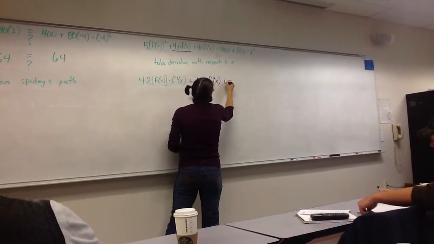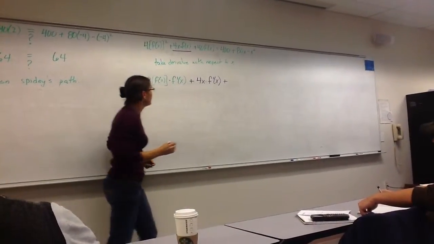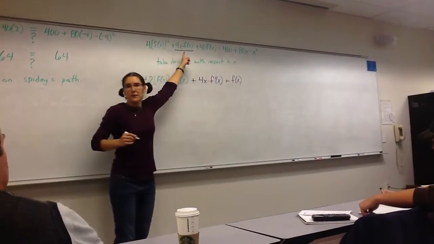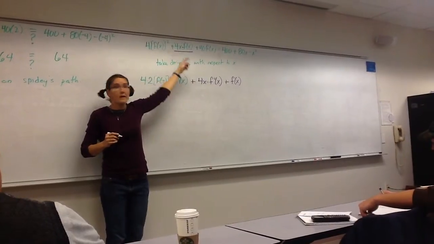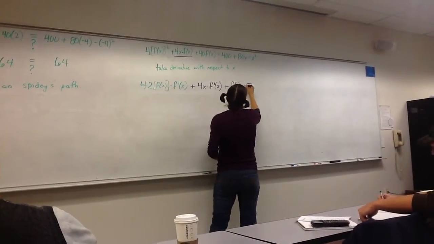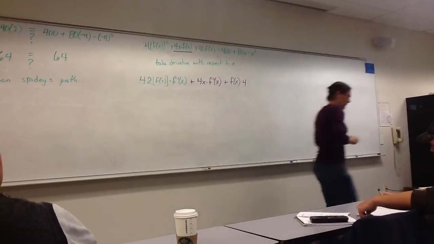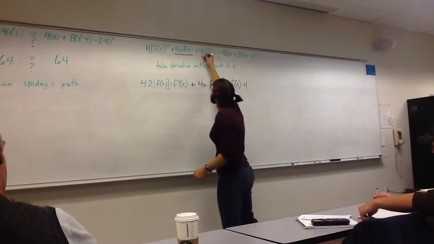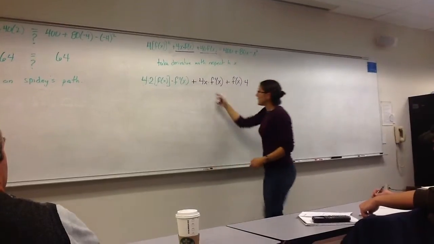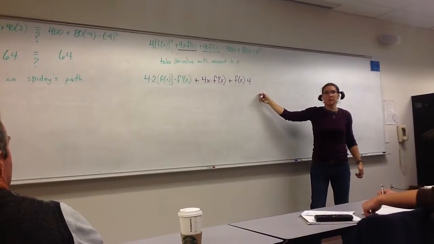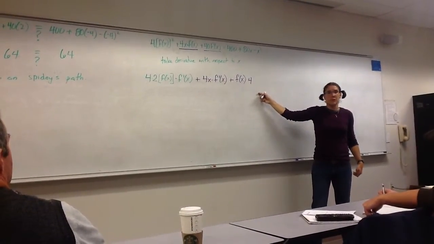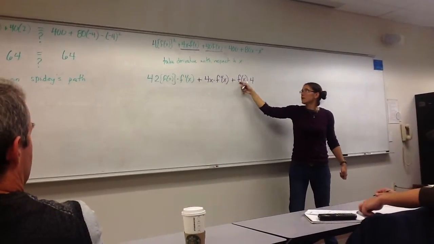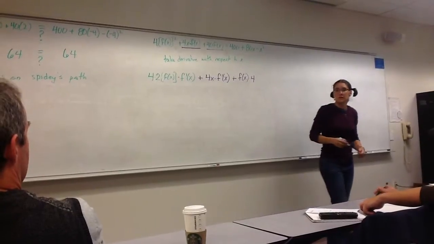So first times derivative of the second, plus second, f of x, times derivative of the first. So derivative of 4x is 4. Are there any questions about this middle term, the purple term? Product rule. First times derivative of the second plus second times derivative of the first.